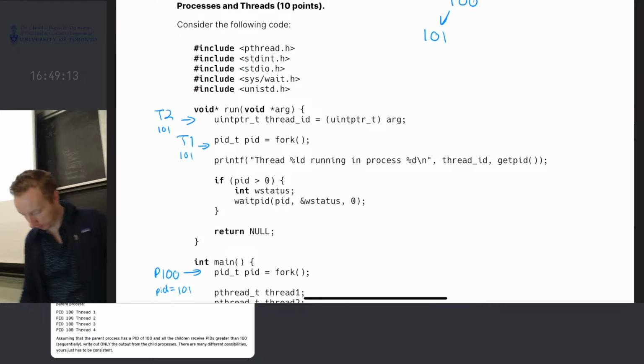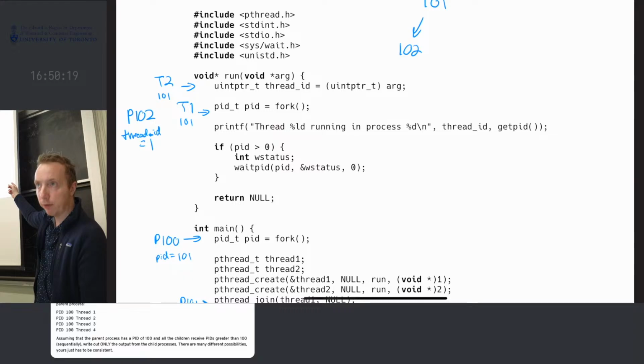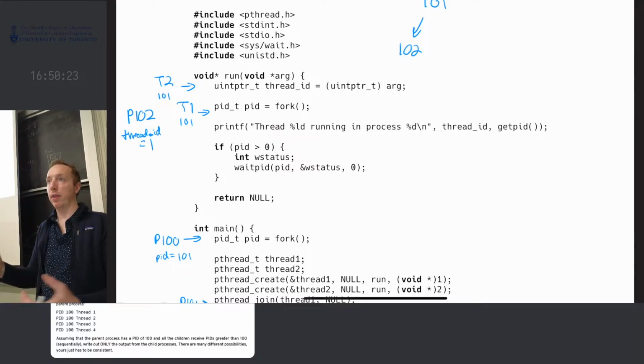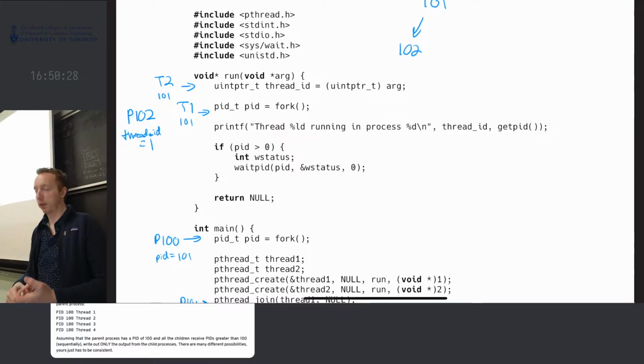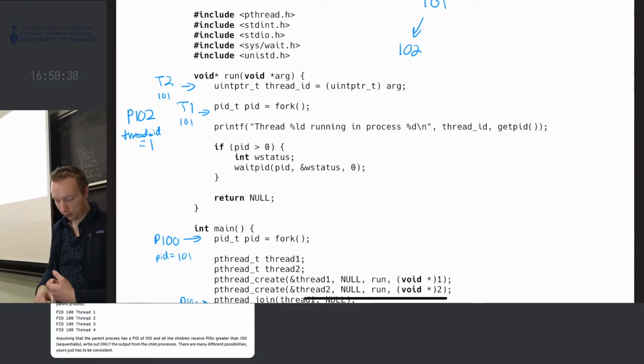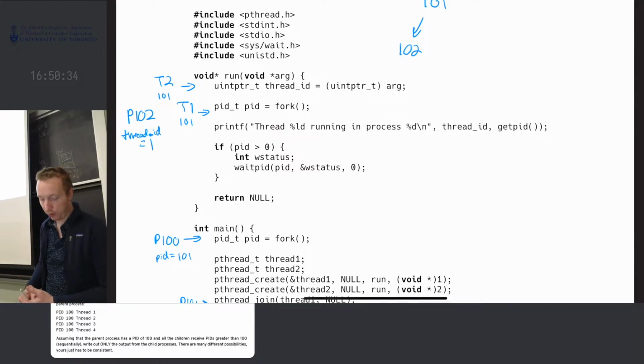So in 101, when thread 1 called fork, the new process is an exact clone of that thread. Process 102 exists through run.